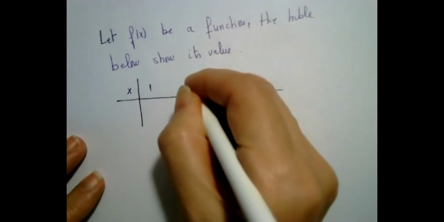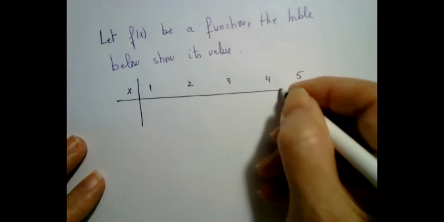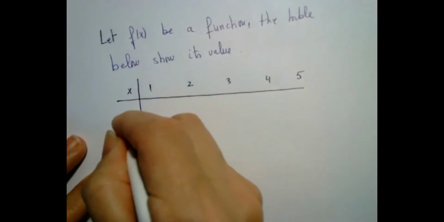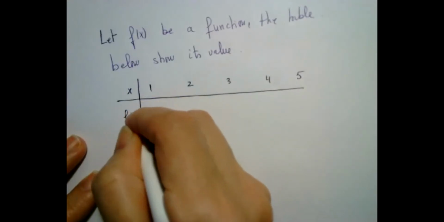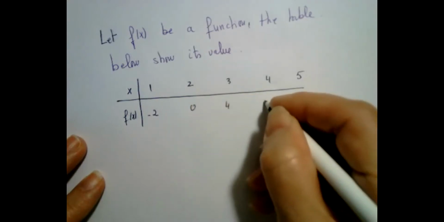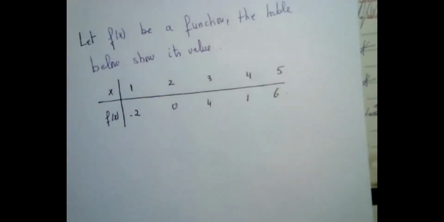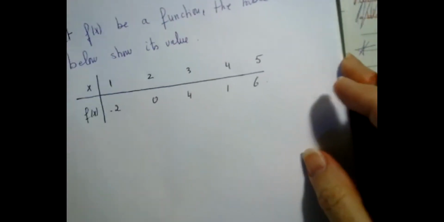So suppose I have 1, 2, 3, 4, 5. These are the values I have. And f of x, I'm going to put -2, 0, 4, 1, 6. So first, what do I mean by that? What does it mean, this function given by a table?